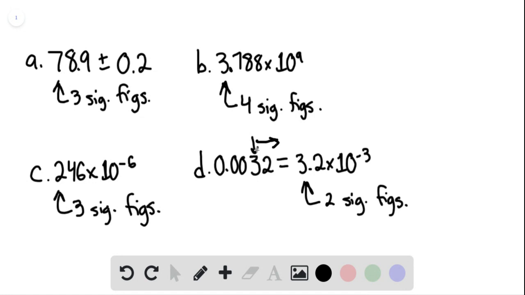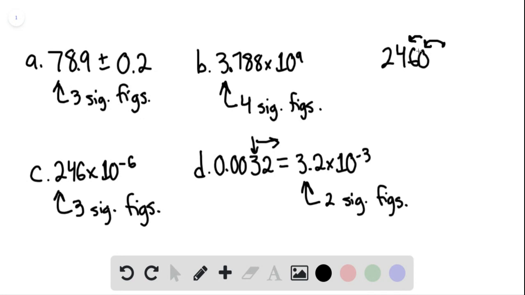When you do not see a decimal, such as in 246, you go from the right to the left. So essentially, if you had, let's just say, 2,460, I do not see a decimal here. We're starting from the right, and we first encounter a 0, not significant.